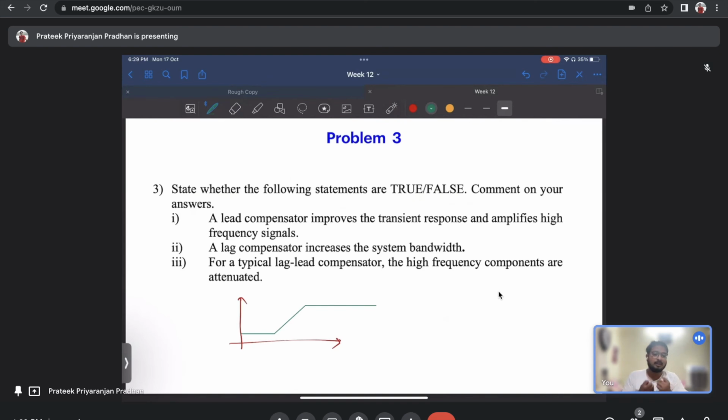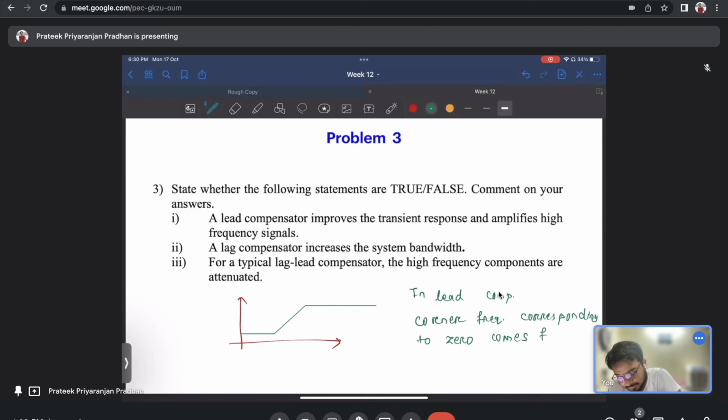This happens because in the lead compensator, the corner frequency corresponding to the zero comes first, then that of the pole.